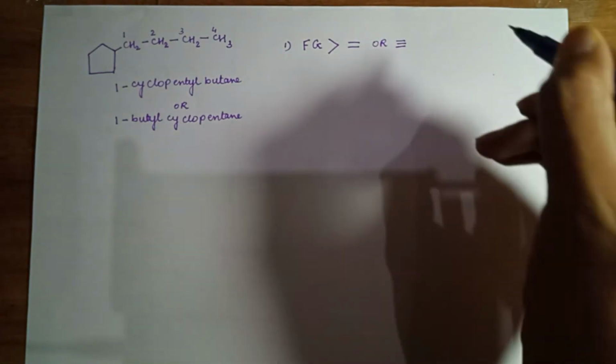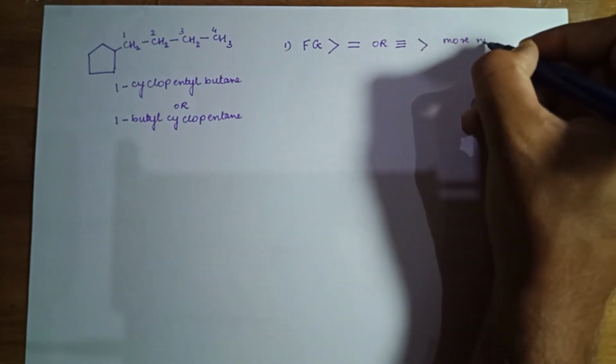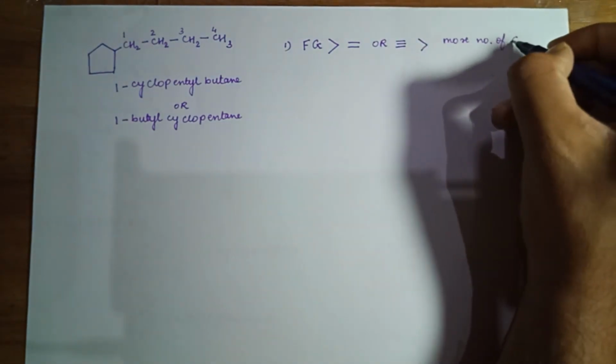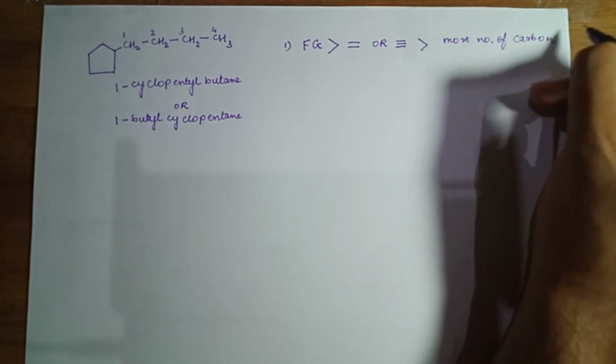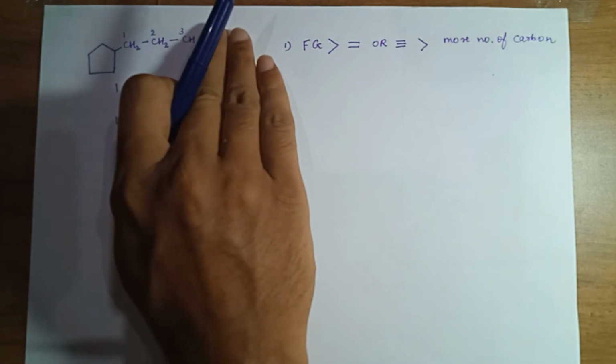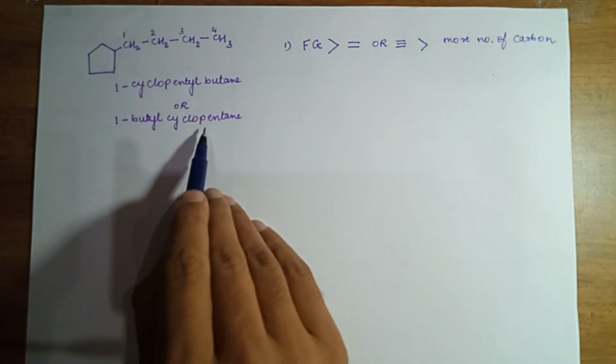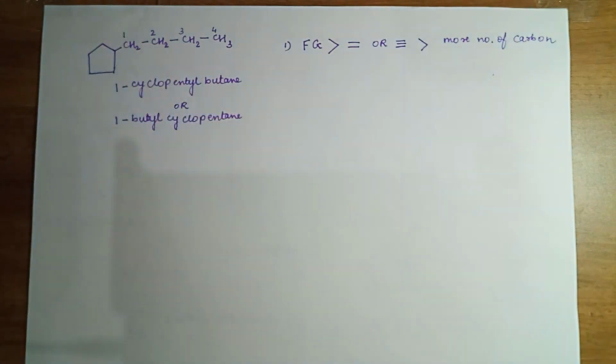And the third priority is more number of carbons. So this is one part which we have considered as a root chain, and this is the other part which we have considered as a root chain. So out of these two names, which is correct?